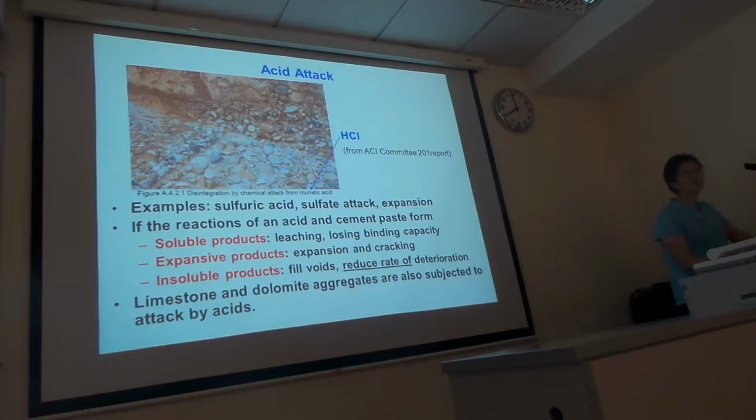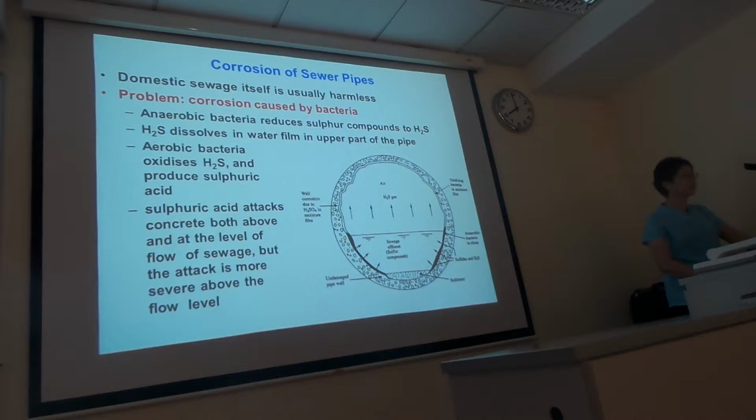What has been observed in research is that limestone and dolomite aggregates are also subject to acid attack. So in principle, if you are dealing with strong acids, Portland cement concrete is not a good candidate.